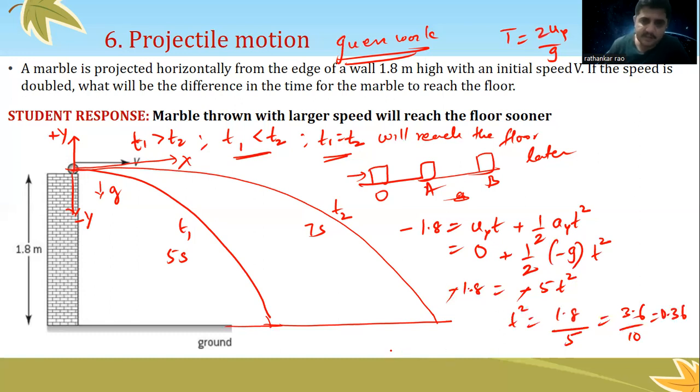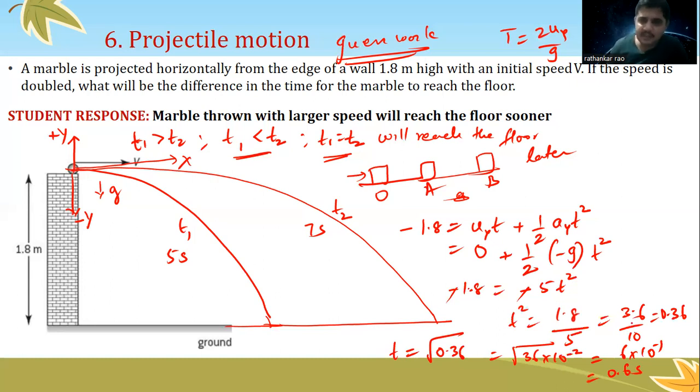The value of t is the square root of 0.36. I don't use a calculator. I write it as 36 into 10 power minus 2, which is 6 into 10 power minus 1, which is 0.6. The unit is second.